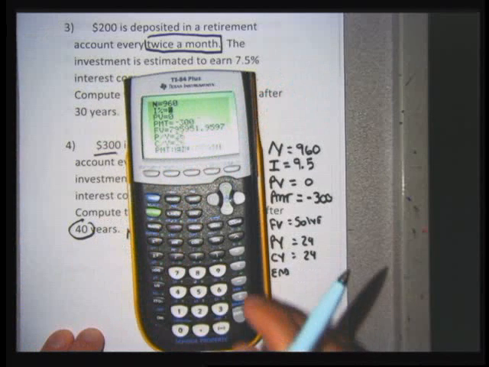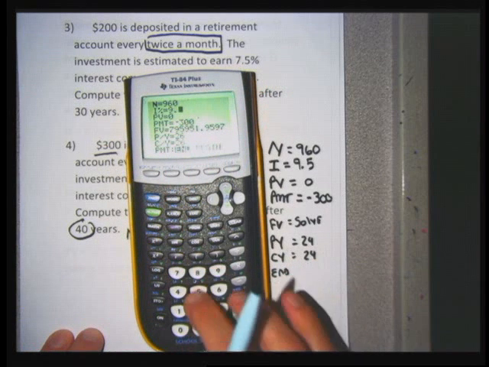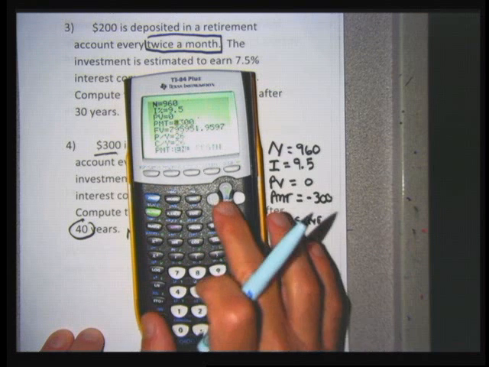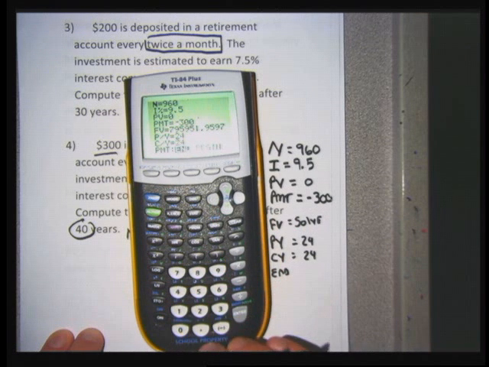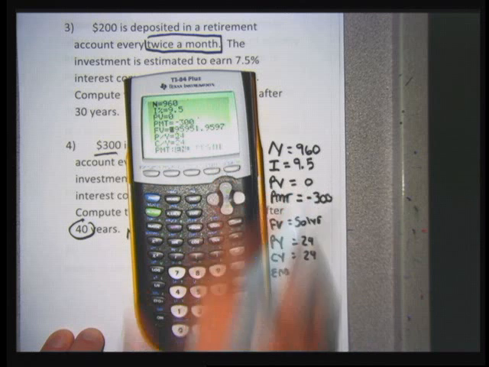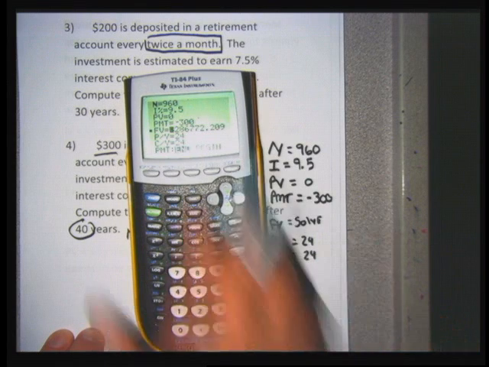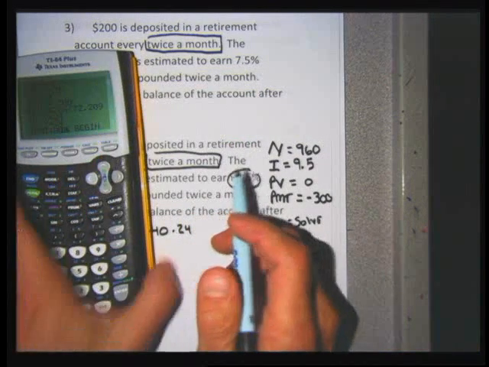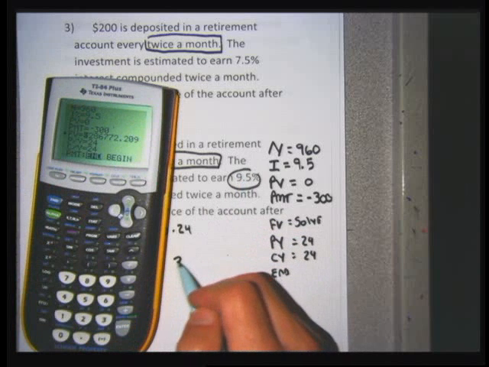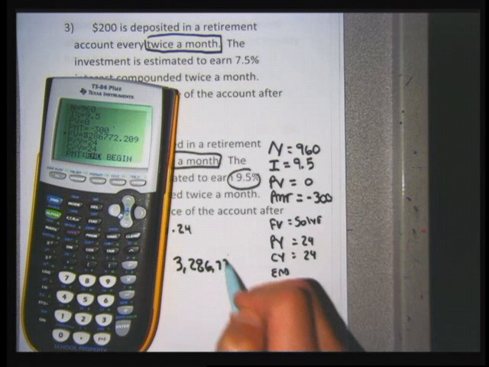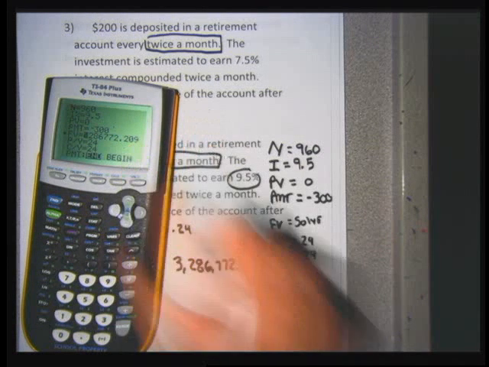So now when I enter these, 960 for N, 9.5 for the I, 0 for the PV, negative 300 for the PMT, 24 for the PY and the CY, leave my calculator on end, scroll up to the FV and hit alpha and enter, and I get, well, just a boatload of money. $3,286,772 and 21 cents.